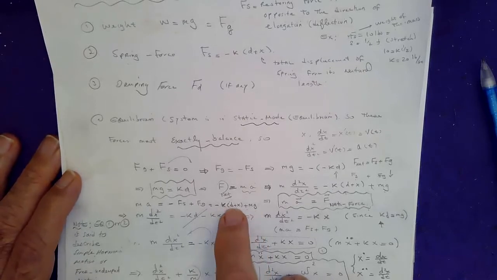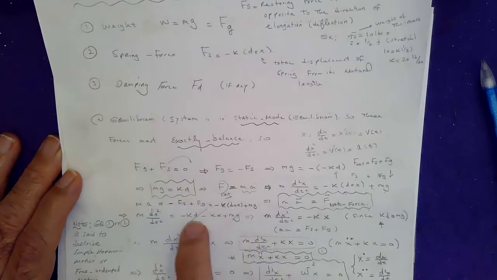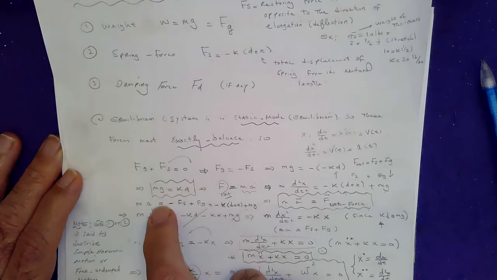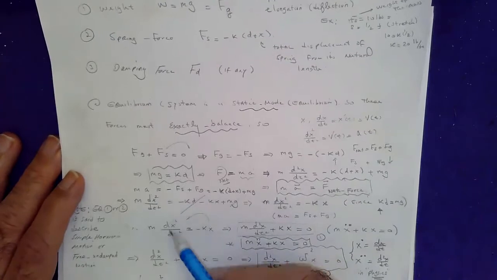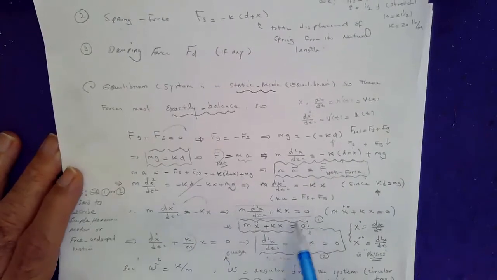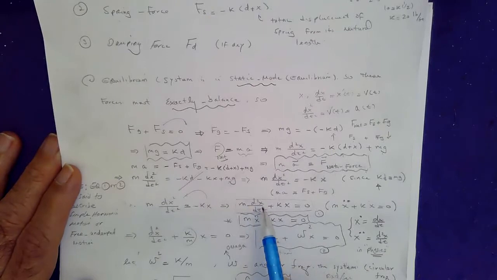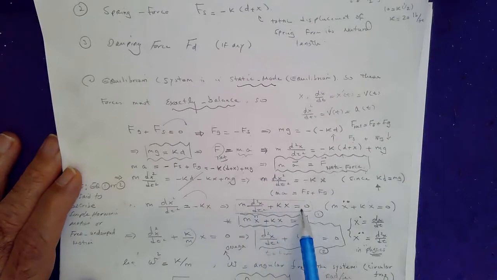So now, if you distribute, you get minus kd minus kx plus mg. But remember, mg is the same as kd, so these cancel. So all you get is m times the second derivative of the position function with respect to time, which is acceleration a, equals negative kx. If you move kx, where k is the spring constant, to the left side of the equation and set it equal to 0, you get m times the second derivative of the position function with respect to t plus kx equals 0.